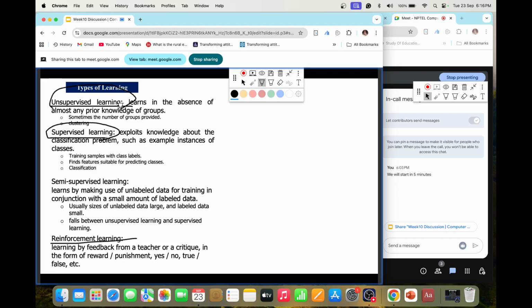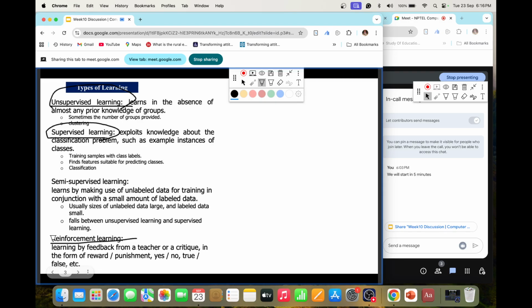But in classification, as you are giving labels to the objects, that means you already know these objects beforehand. Then only you can say this red color fruit is actually an apple, or this yellow color fruit is actually a banana. That is why the classification problem is a type of supervised learning.